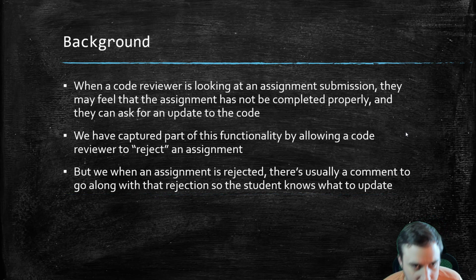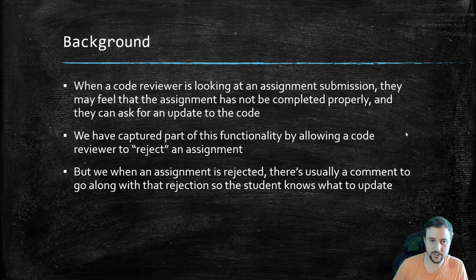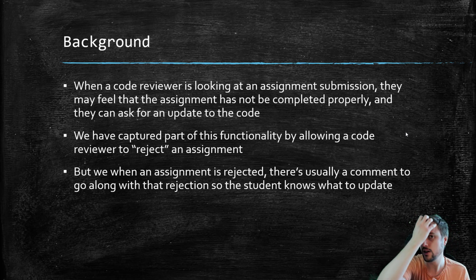All right, ladies and gentlemen, let's get into the background, paint the picture, if you will, for what we're doing. When a code reviewer, who is someone who will log into the app and perform code reviews on the assignments that students submit, is looking at an assignment submission, they could reject it. They could see that the code is not good enough, there are bugs, there's missing functionality, what have you.